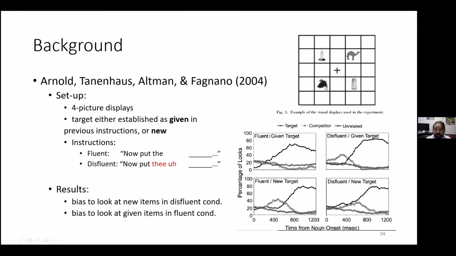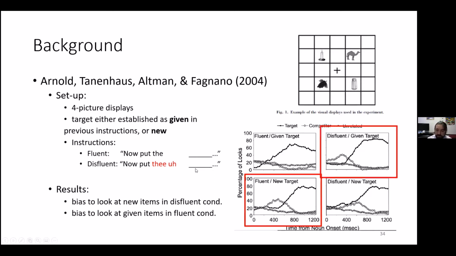So the way that this was established, here we see a visual world design again. In this case, we have 4 objects, and essentially participants either heard fluent instructions, "now put the whatever," versus "now put the, uh, whatever," and this was considered the disfluent condition. And context was established such that the target was either a given item or a new item.